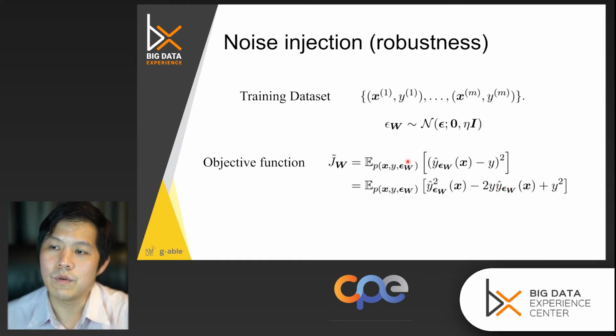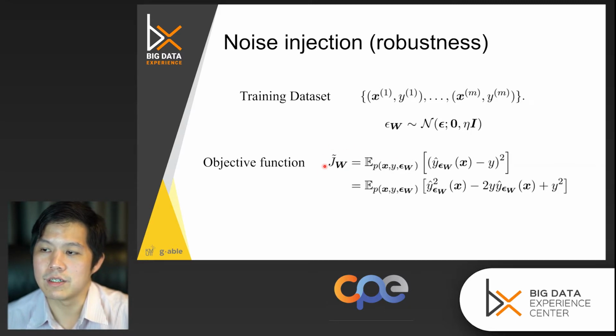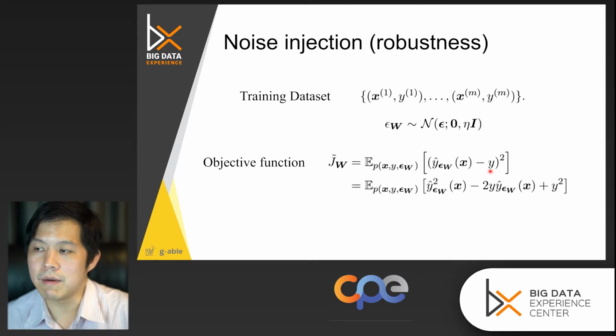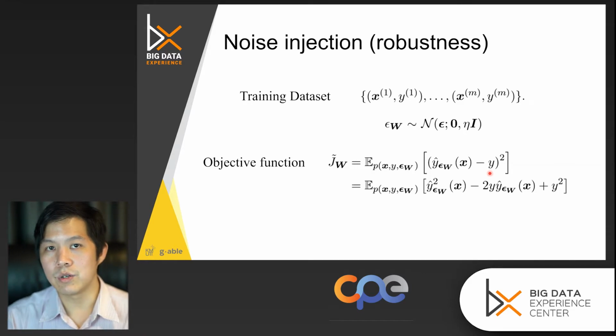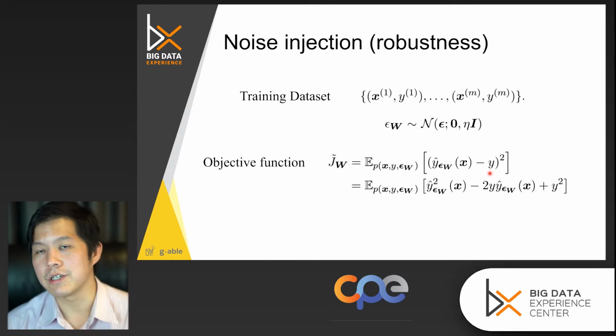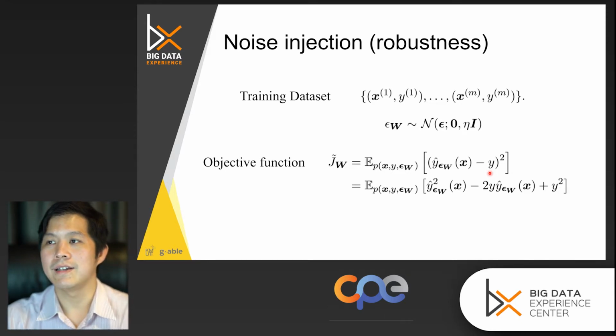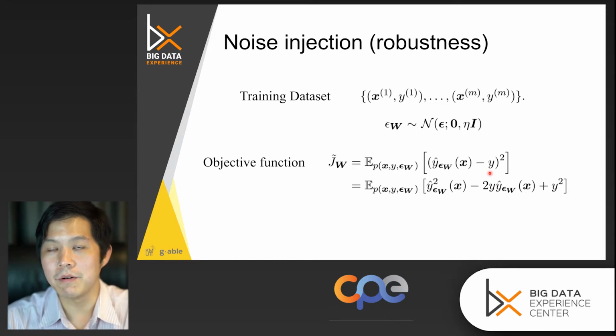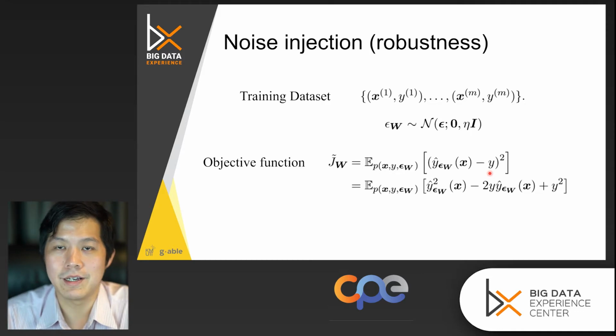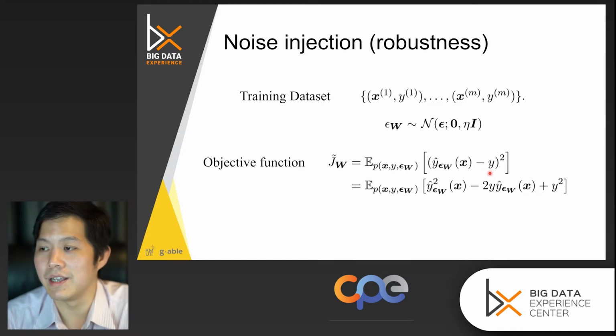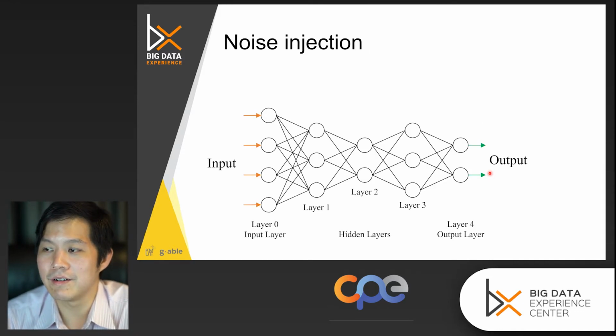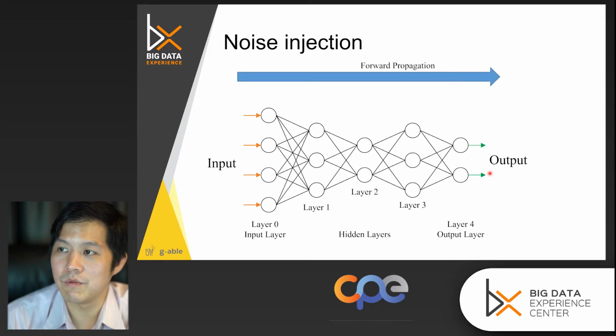So here we would have the new objective function that is not just minimizing the true class, but also minimizing the true class prediction with noise, and that would make the model able to adapt to the noise, to the change in the input.